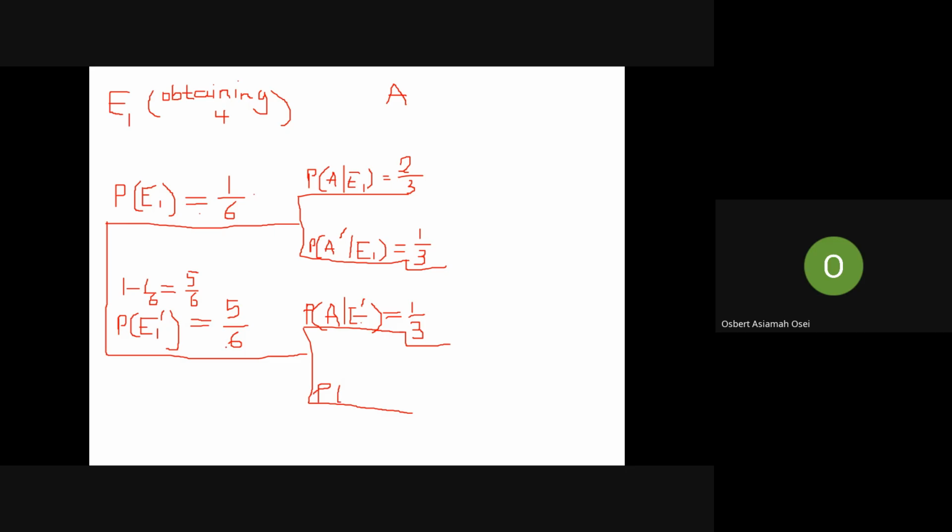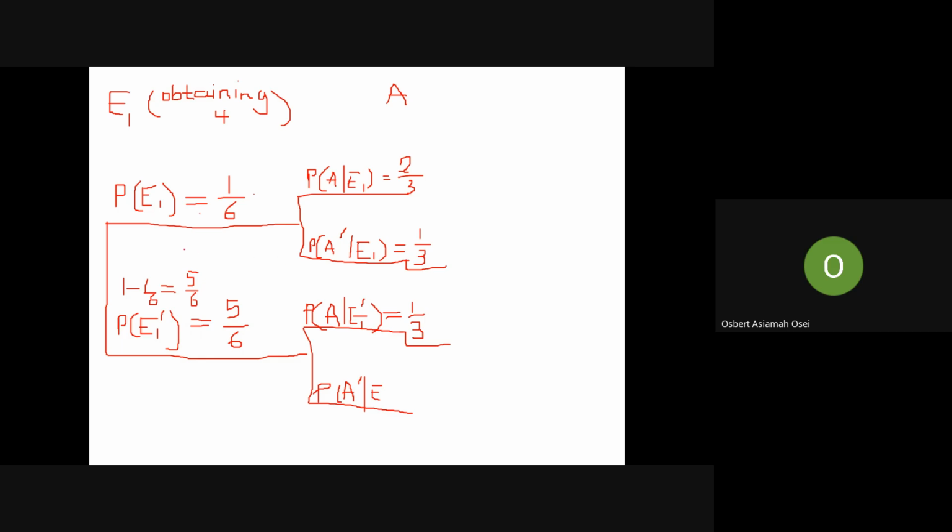The probability of A complement, I don't think we will be making use of this part, so let's not deal with it.